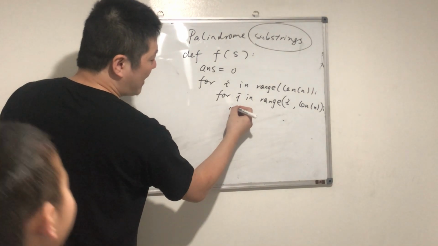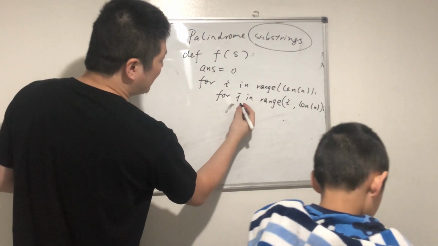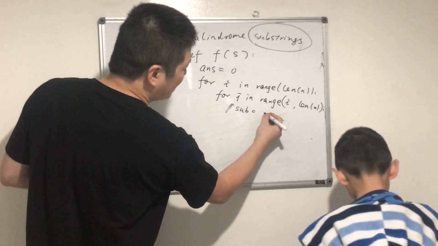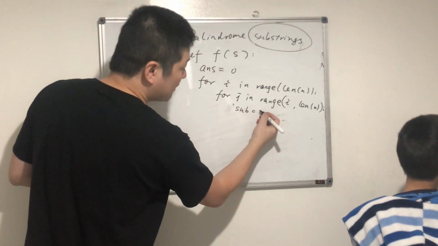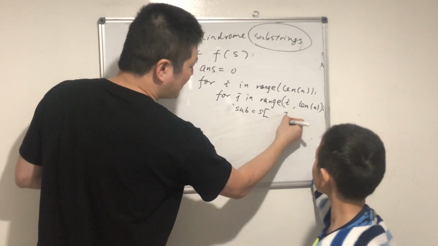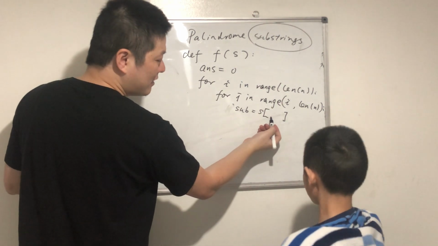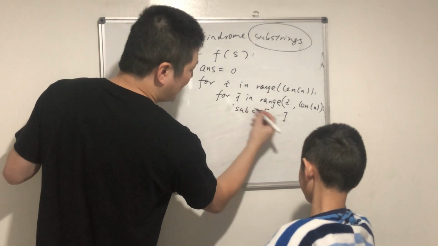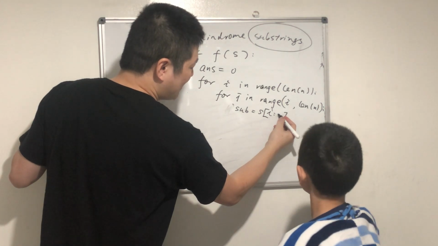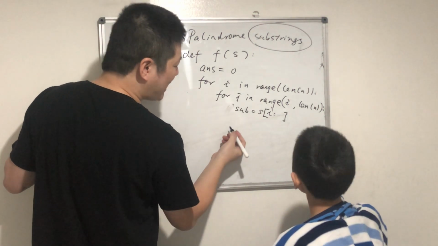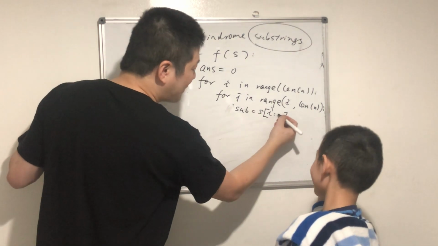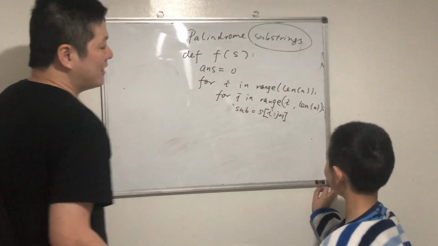Look, this is, let's say, the substring. How can we get a substring? S, I, colon, and what? J plus 1.